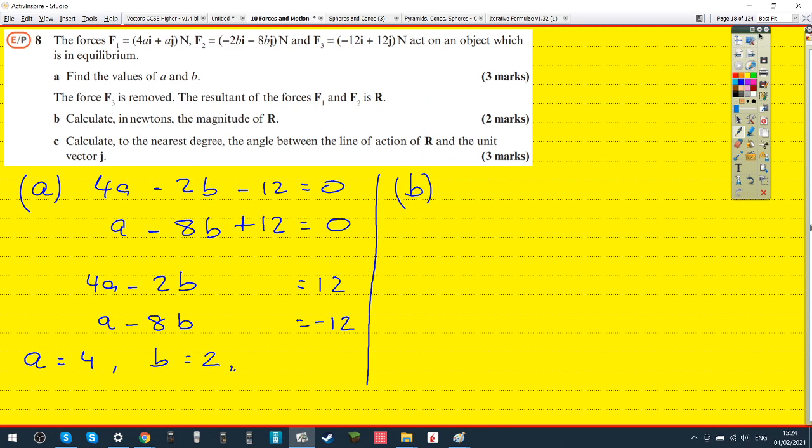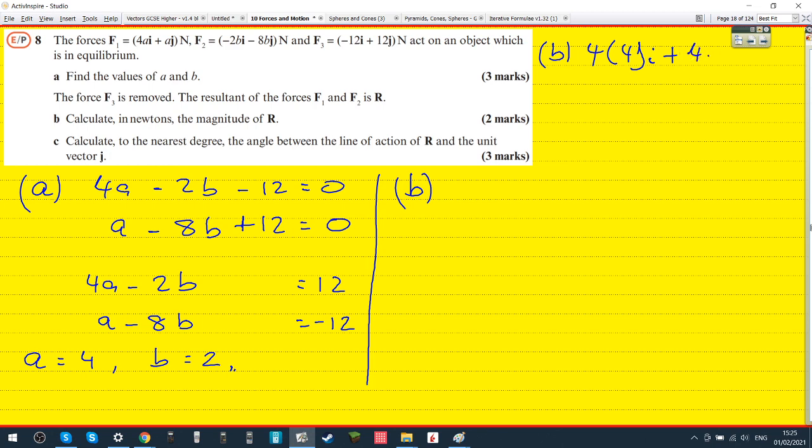And so that'll be 16i plus 4j, and the second one will be minus 4i minus 16j. Yep. And now I just need to add those together.